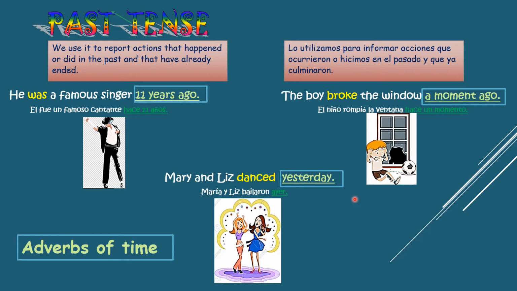Mire, las palabras enmarcadas en los rectángulos son los adverbios de tiempo que en la unidad anterior lo aprendimos como expresiones del pasado, que en realidad son lo mismo. Verbs. The red circle is in the first sentence was, second sentence is broke, and third sentence is danced. Aquí tenemos los verbos, ustedes ven marcados de color rojo.